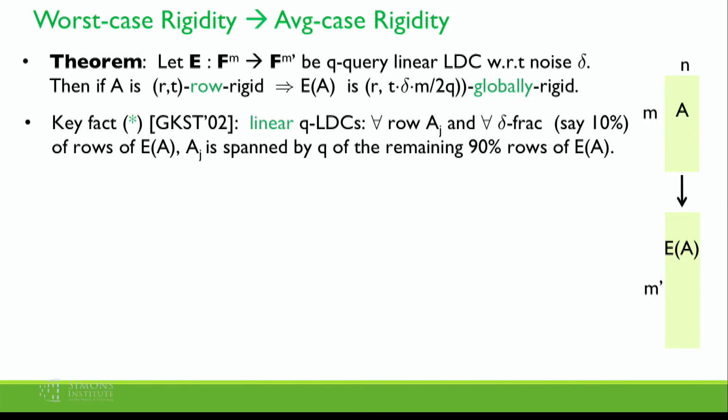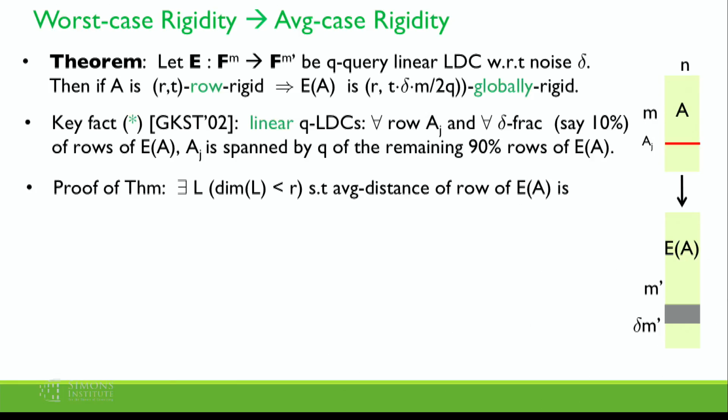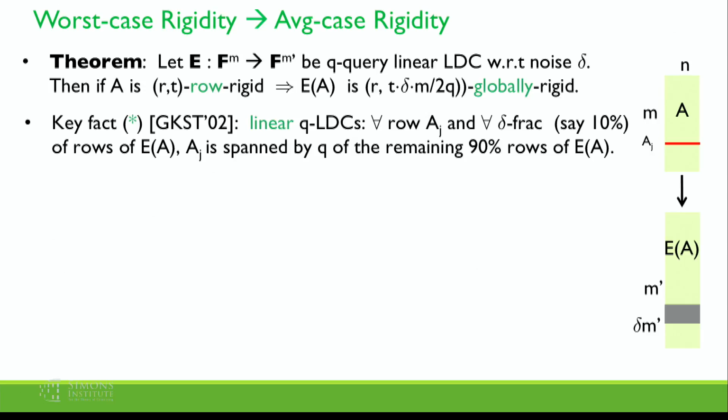If your LDC is actually linear, then any row in the original message matrix A is literally spanned, and for any row and any 10% fraction of the coordinates in the codeword that you corrupt, this row is literally spanned by Q other rows outside this 10%.